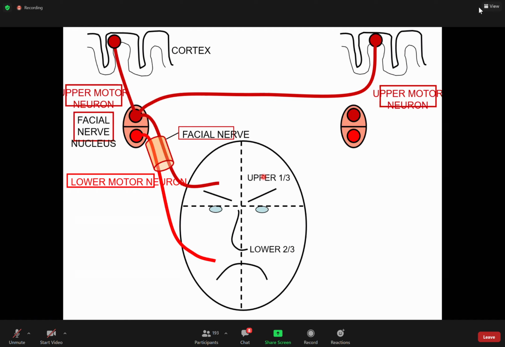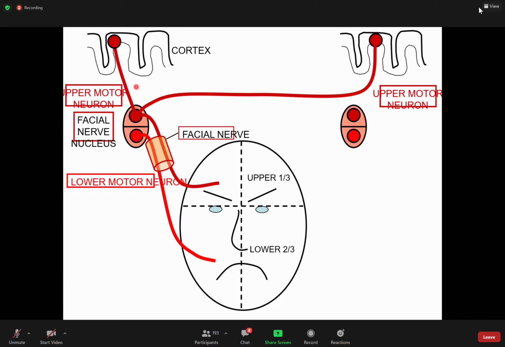If you have a lesion above the pons level where the corticonuclear fibers are coming down for the facial nucleus, because the upper part of the facial nucleus which supplies the upper one third is bilaterally supplied, if one side is damaged, the other side is supplying it, so you would not have paralysis of the forehead.